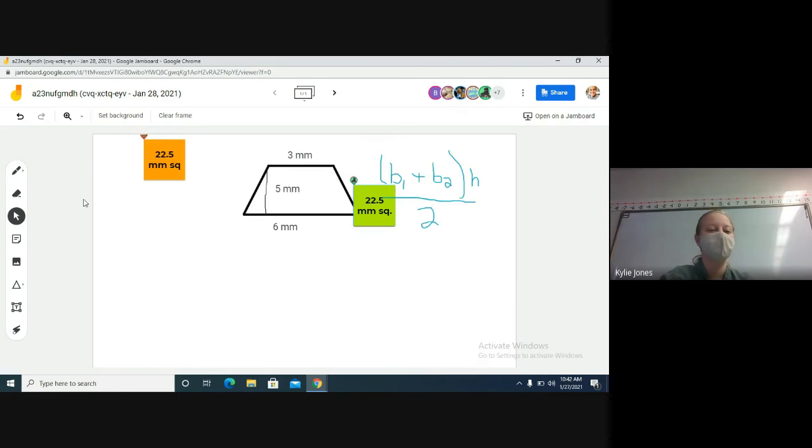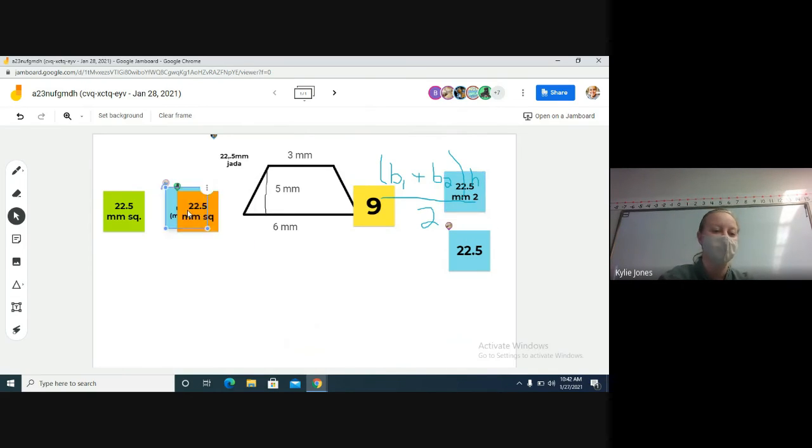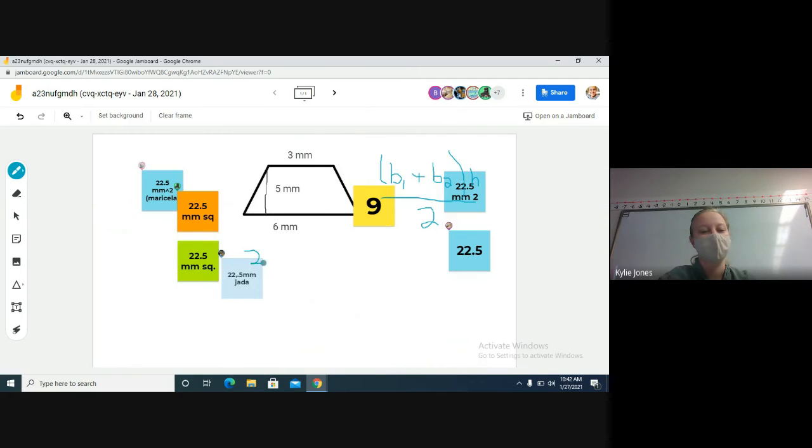So let's go ahead and do this one kind of together. I'm going to write on the bottom, so keep your sticky notes up near the top for a second, please. So base 1 could be something like 3.